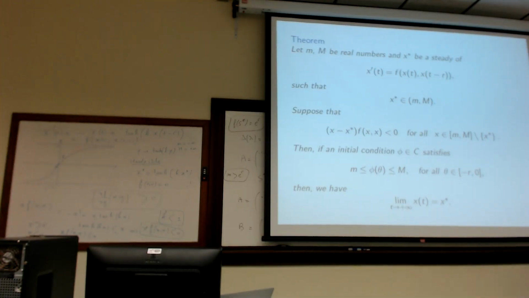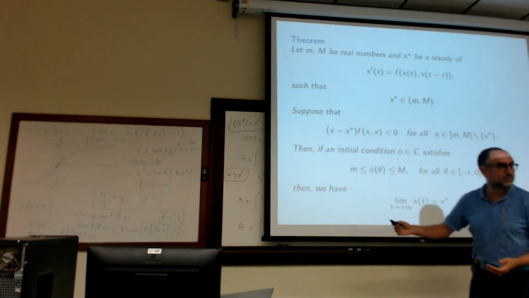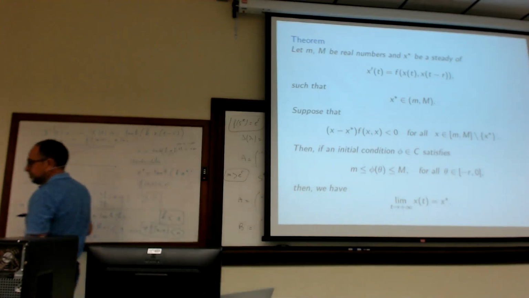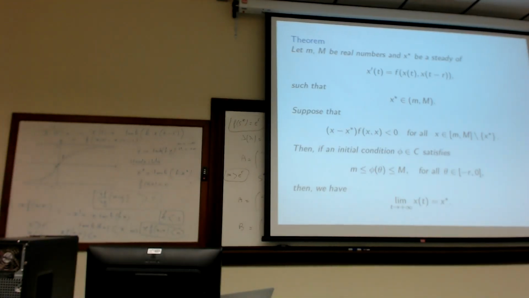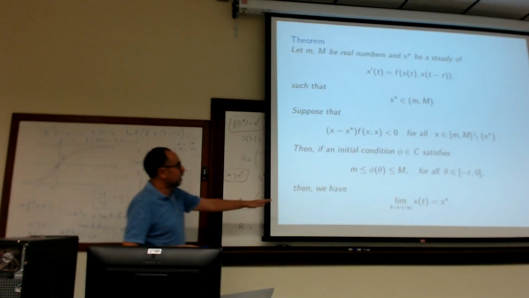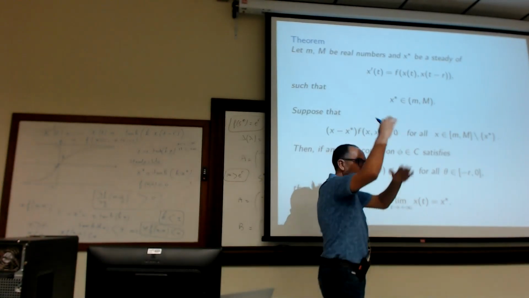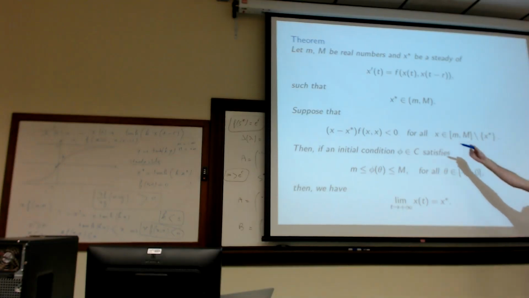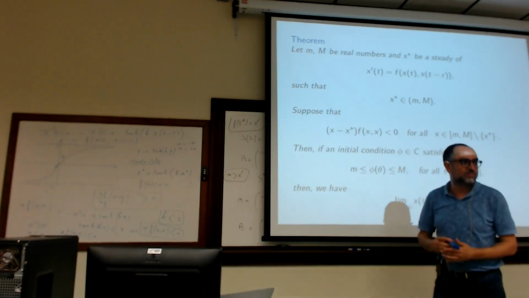At the end, 0 is globally attractive if k is less than 1. That means for this system, if you make simulations, it will go all the time to 0. You can take the initial condition as you like, as big as you like, negative or positive. The system will go to 0 because it satisfies this assumption.